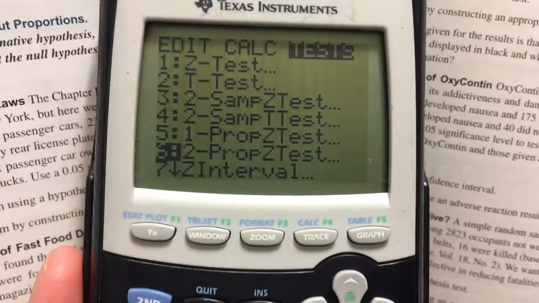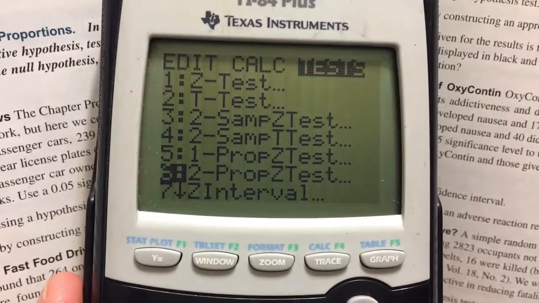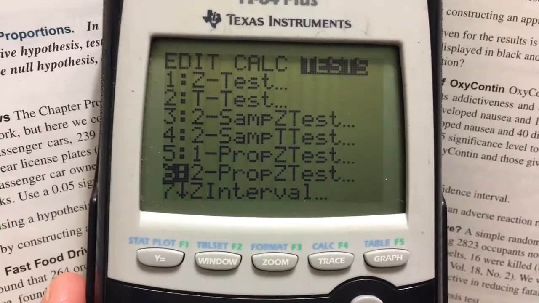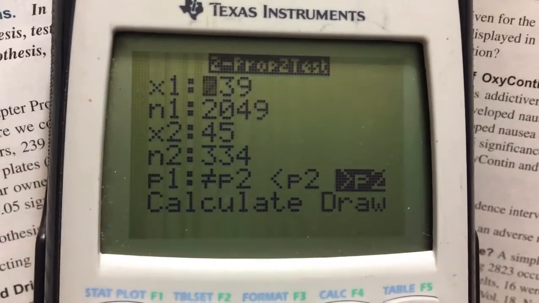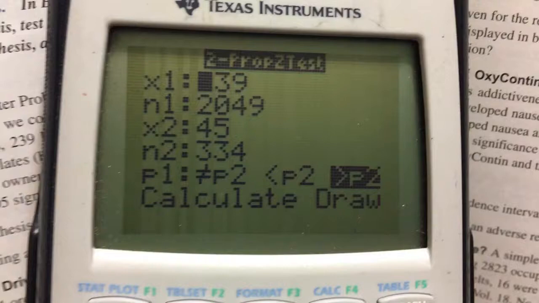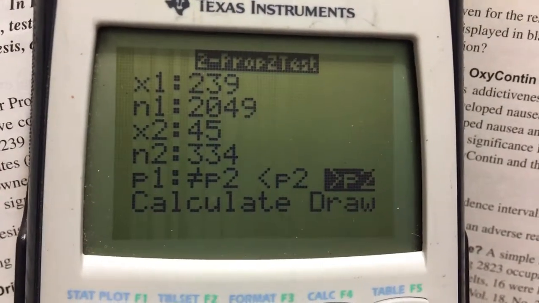Here we go to stat and test, and we go down to 2 proportion z-test, and now I will hit enter. I've entered the data, 239 out of 2049. The x sub 2 is 45 out of 334.